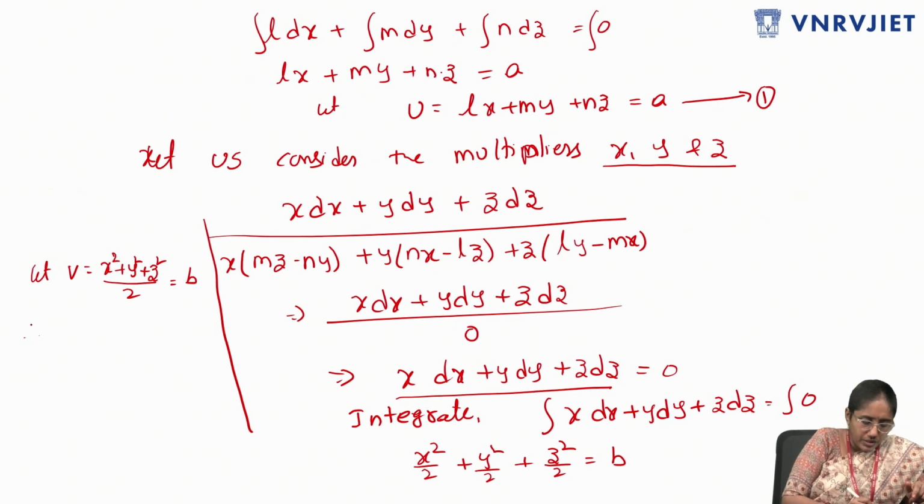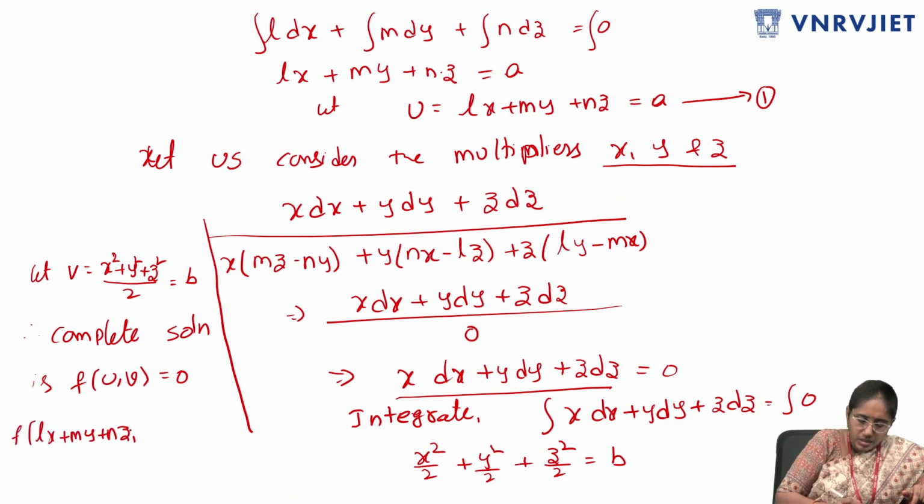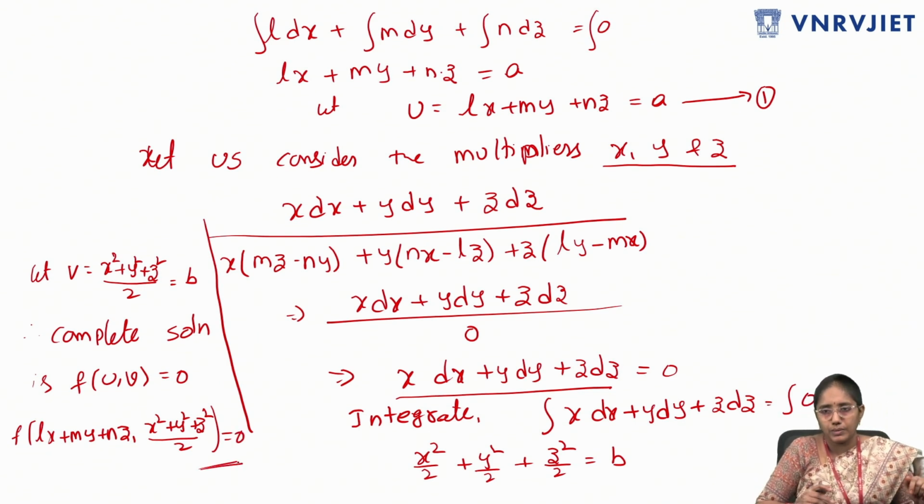So therefore the complete solution is f of u comma v is equal to 0. That is nothing but f of lx plus my plus nz comma x square plus y square plus z square by 2 is equal to 0. This is the solution for this equation.